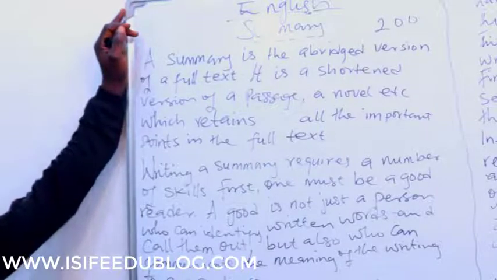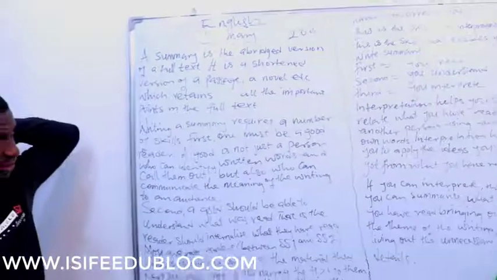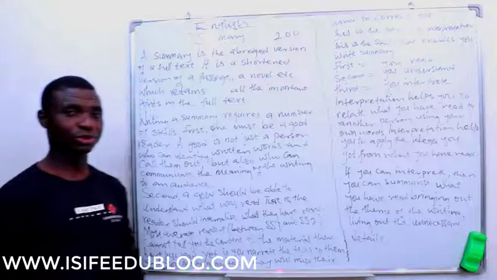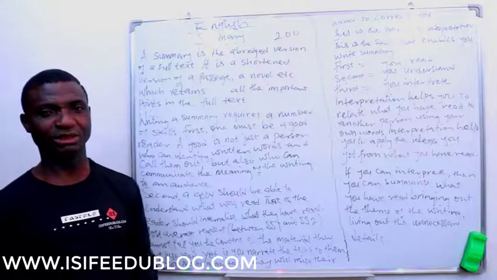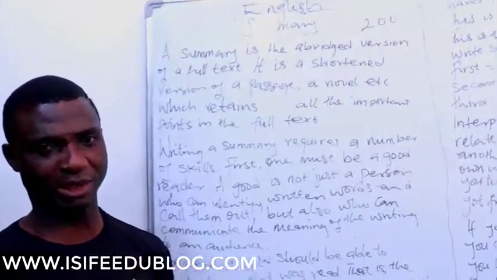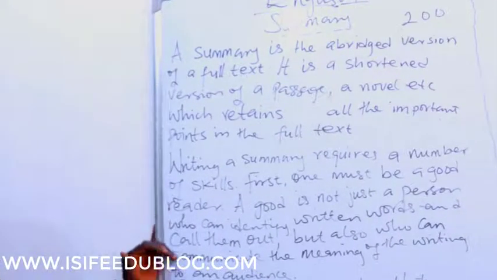No important meaning should be left out in writing a summary, because if you do, then you will be presenting something short of what the original writer intended to pass. Writing a summary requires a number of skills. Alright?